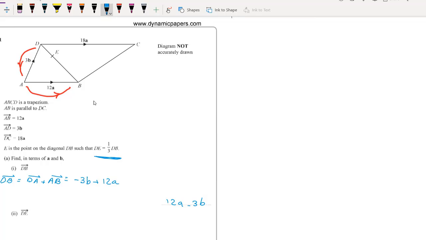Actually, DE and DB vectors are collinear. So we can notice that DE vector is also equal to 1/3 DB vector.